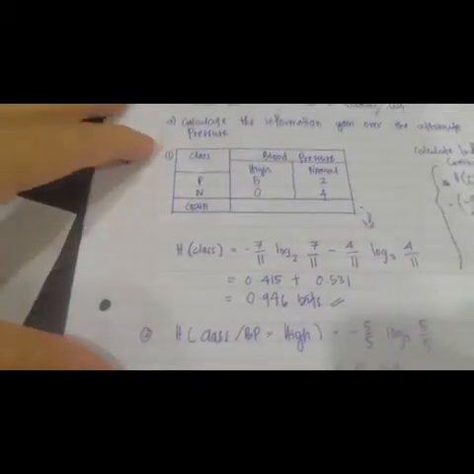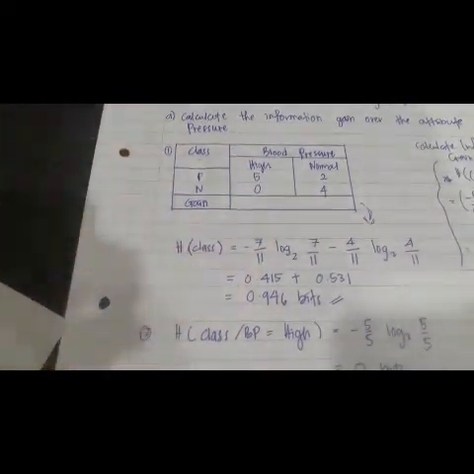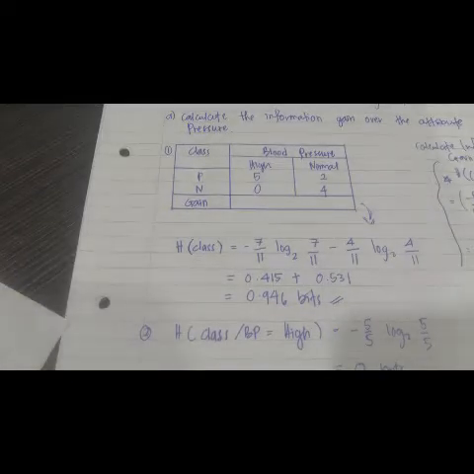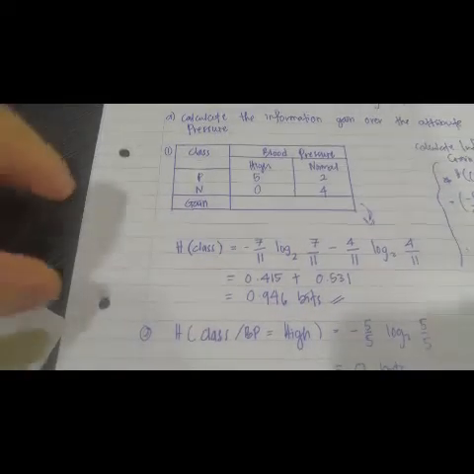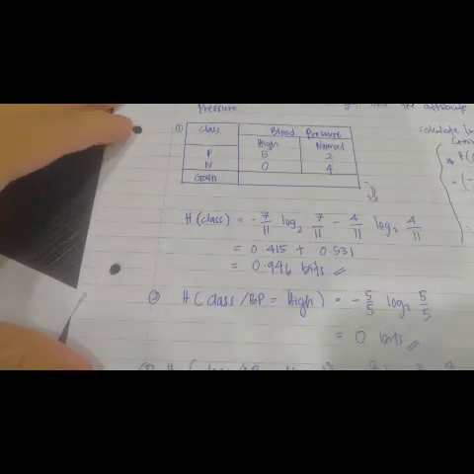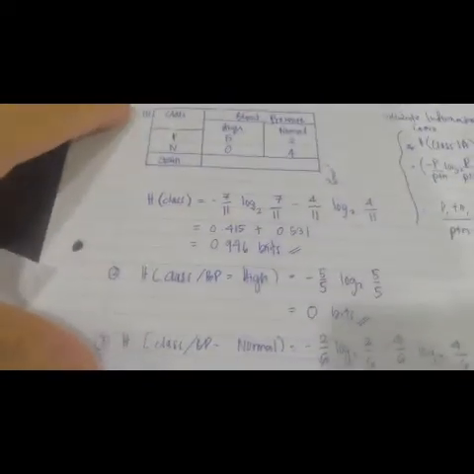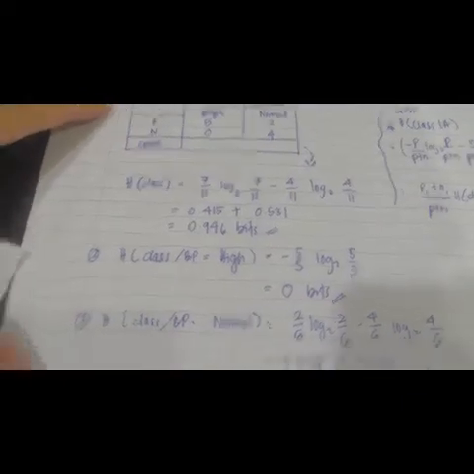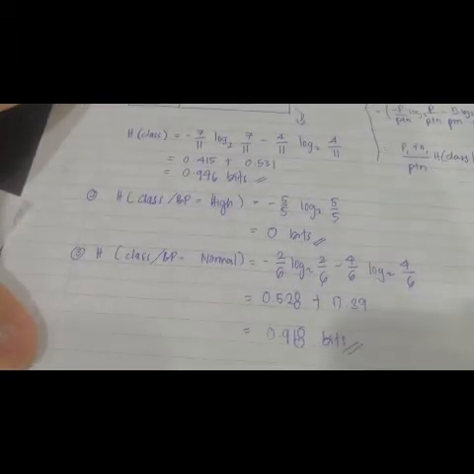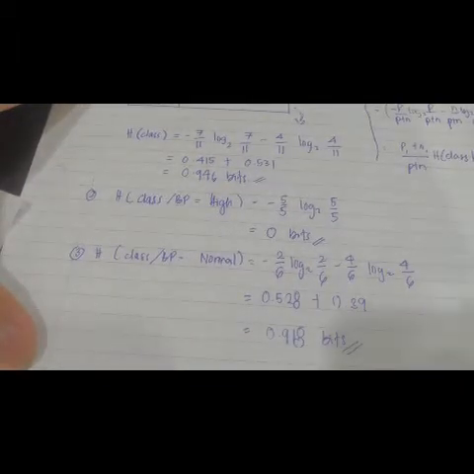We calculate the H class using the formula by referring to the table, and we get 0.946 bits. For the next step, we calculate the H class for blood pressure high. We get 0 bits, and for normal blood pressure we get 0.918 bits.